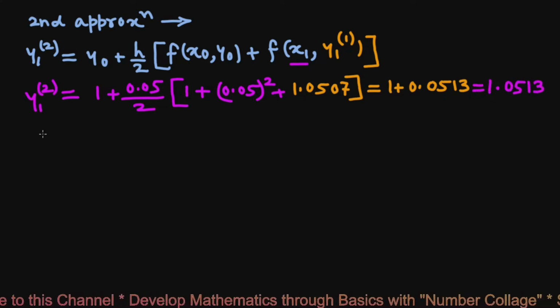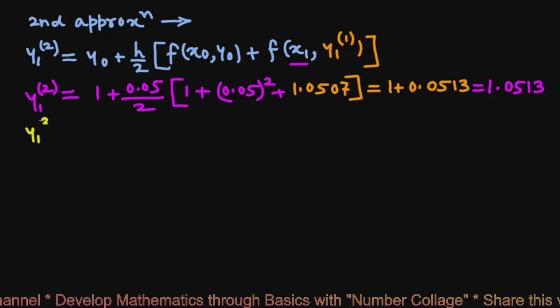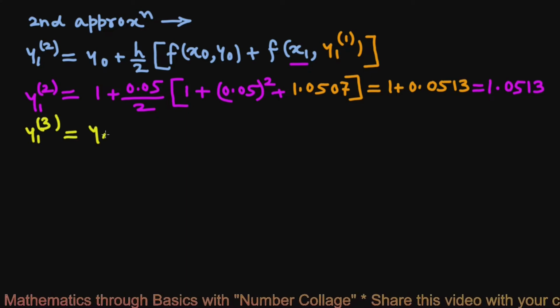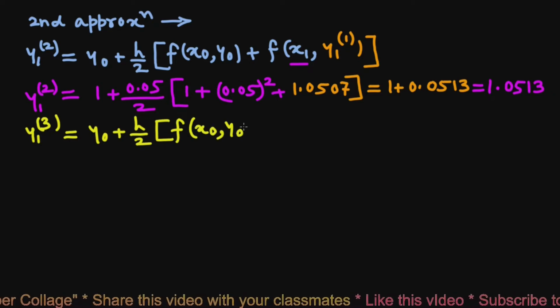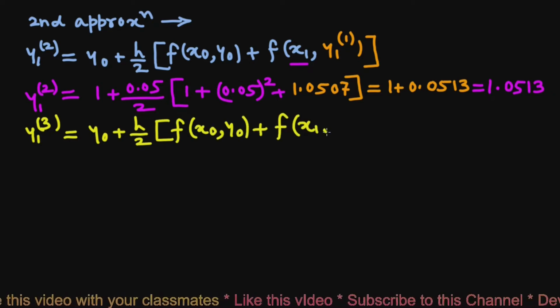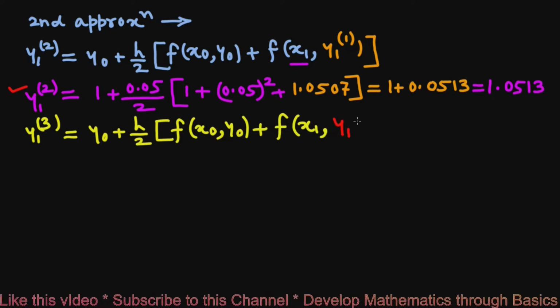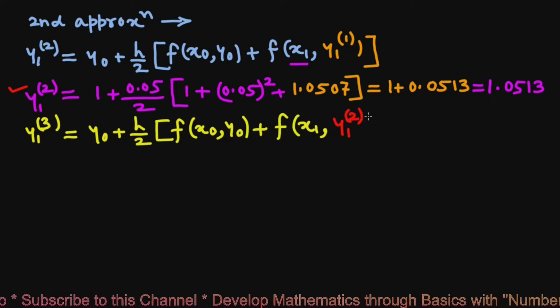We will find the third approximation of y1, which will be y0 plus h by 2 into f of x0 comma y0 plus f of x1 comma this y1 of second approximation.